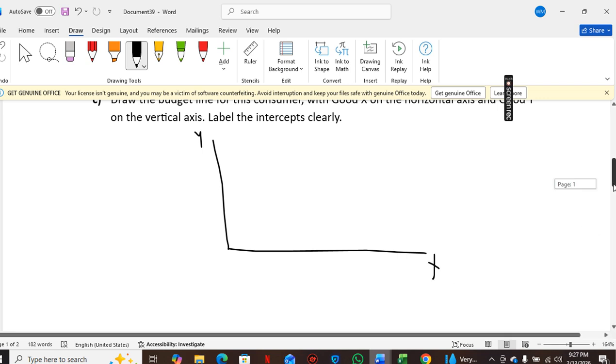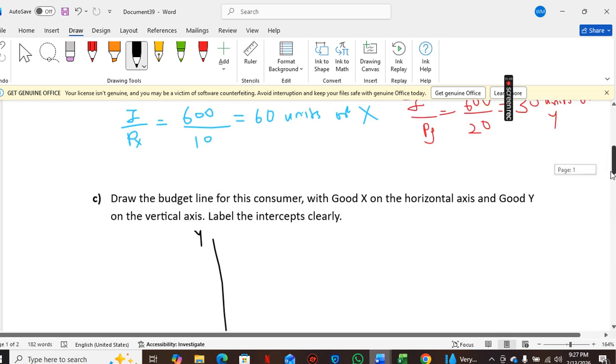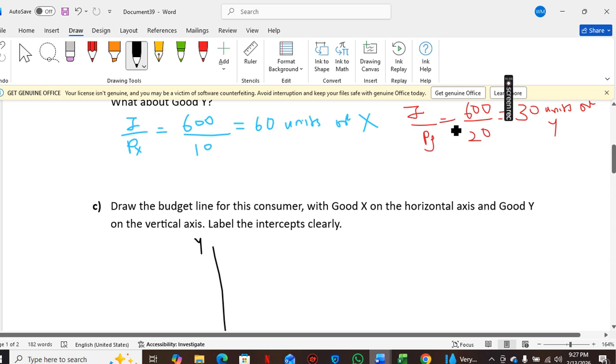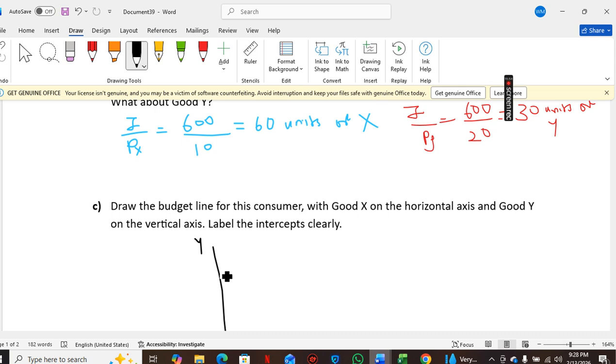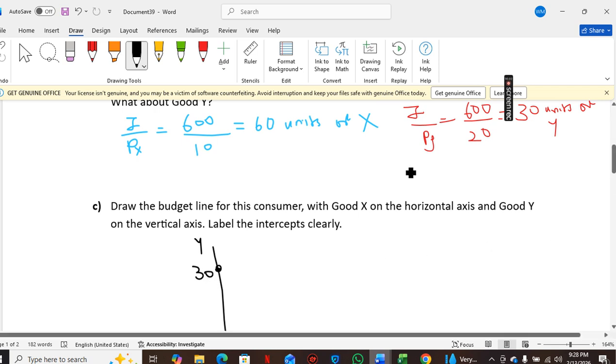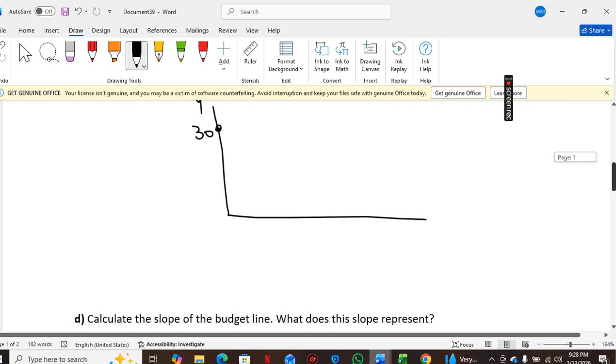Once you know your intercepts, it makes life easy. Our Y-intercept, if we only buy good Y, is 30 units, so on our graph we put 30. Our X-intercept, when we only buy good X, is 60 units, so we put 60.